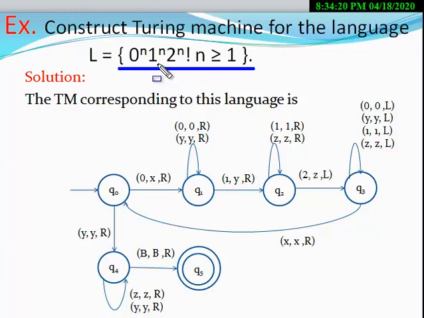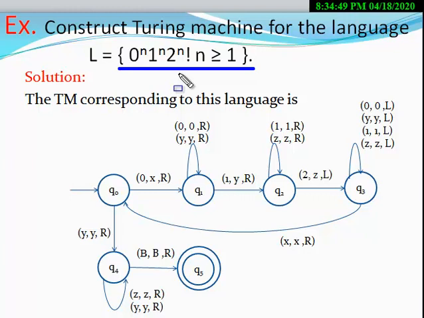First, you have to move up to the tape symbol 2, and also you have to replace 2 by another tape symbol, that will be Z here. Here 0 is replaced by X and 1 is replaced by Y, and 2 will be replaced by Z. Correspondingly, you also have to change the state.